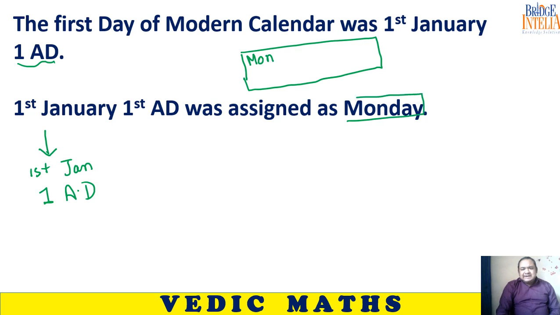It begins from Monday and the week ends on a Sunday. So you work and then you enjoy. The week does not begin on Sunday. So you have to keep all these things in mind. So 1st January 1 AD is the first date assigned when the calendar started counting, or when the calendar came into operation. And that day was given Monday.